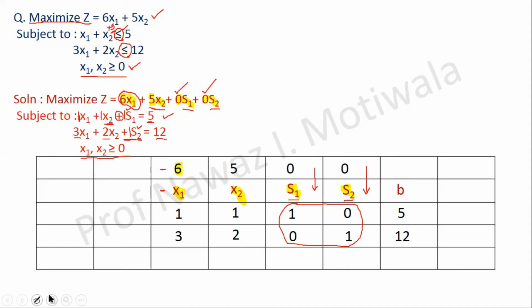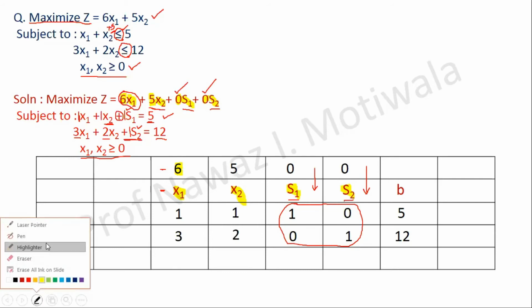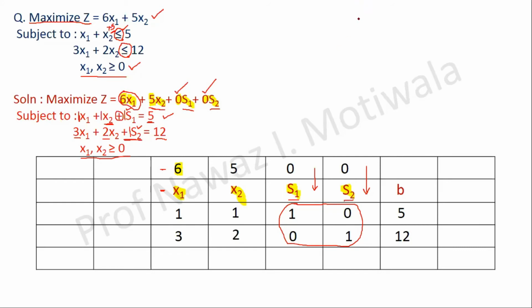So what do we mean by that? Let me show you. If you see here, S1 and S2, these two are making the identity matrix. Let us say our 2 by 2 identity matrix is like this: 1, 0, 0, 1. And similarly, the identity matrix of order 3 I will write as 1, 0, 0, 0, 1, 0, 0, 0, 1. So this is my identity matrix of order 2 and this is my identity matrix of order 3.